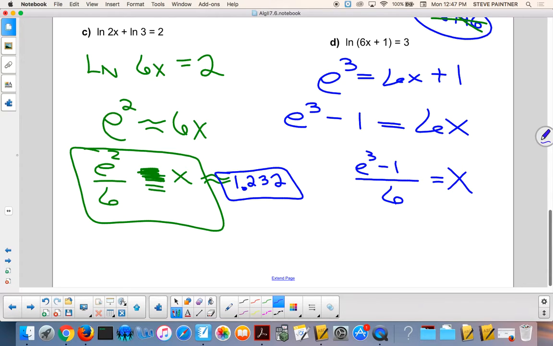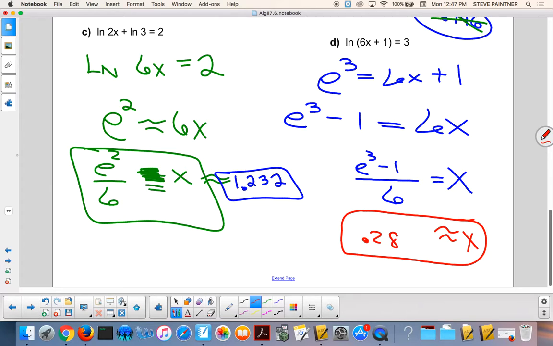You're looking at the answer. The problem is, your book will probably convert it over to approximation. E cubed, take away 1, divided by 6 is 0.286. I got 3.181.